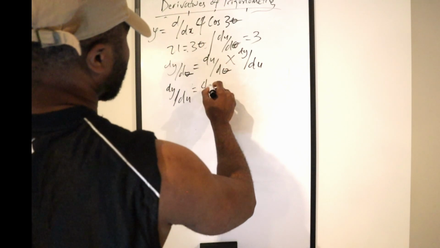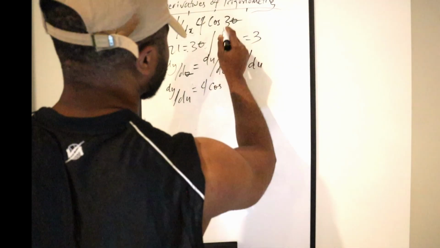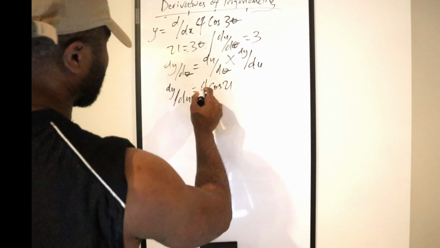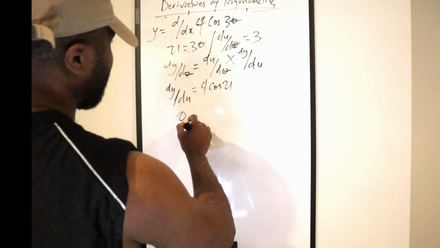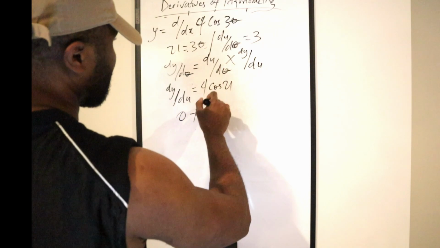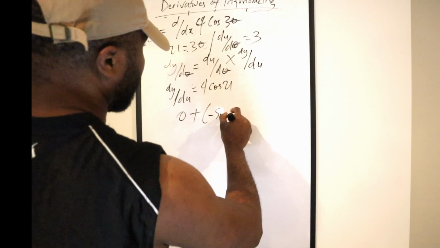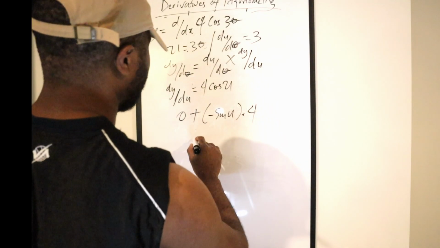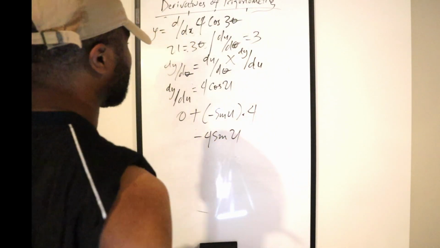So this is 4 cos u. We apply the product rule as well. So differentiate 4 is 0, plus differentiate cos u is minus sine u, and keep 4 constant. So this is minus 4 sine u.